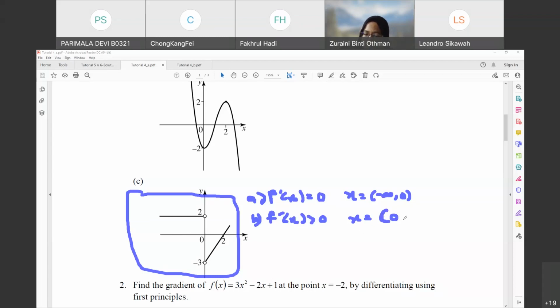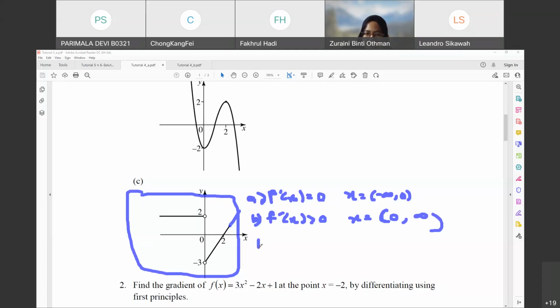Bulatan dia, separuh bulatan yang bulat tu, until infinity. Sebab kita tak tahu dia akan berhenti dekat mana ni sebenarnya. Sebenarnya dia terus lagi ni. It's not end with 2. Kalau 2 dia sampai sini je. Kan? Okay, maksudnya dia sehingga infinity.